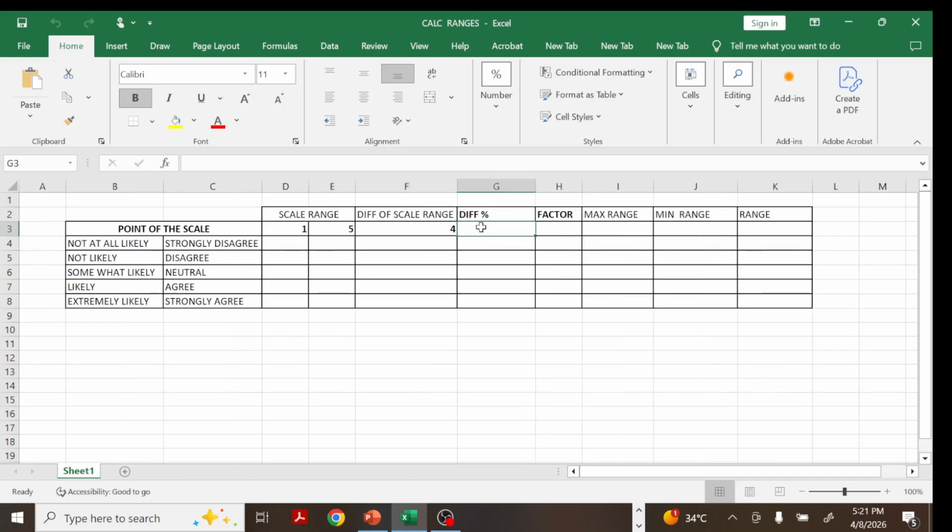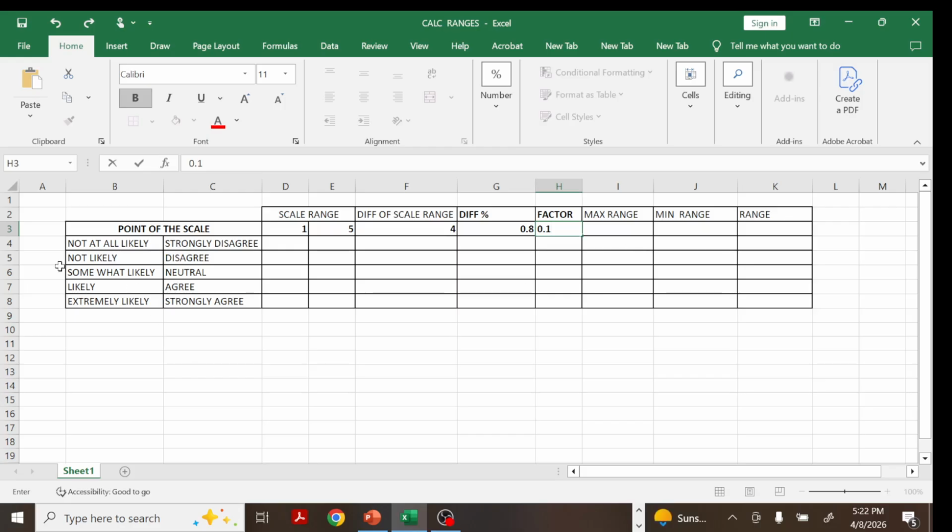Then you calculate the difference percent. 4 divided by 5, the difference percent is 0.8. And usually we have a factor of 0.1 that we add as we move from any one of these points to the next.